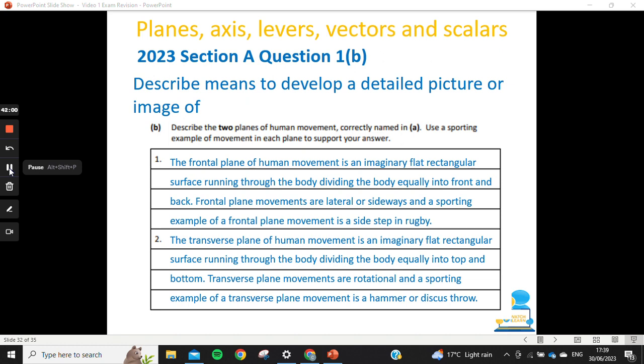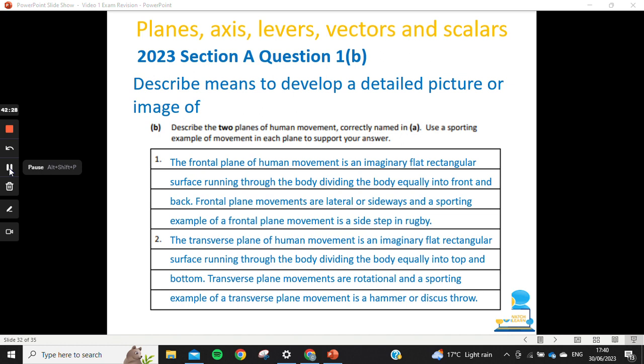Question A asks us to just identify or name two planes of human movement. So again, we would be identifying the frontal plane, the sagittal plane, or the transverse plane. And then part B of the question asks us to use a sporting example of movement in each of the planes to support your answer. They asked us for two of them.